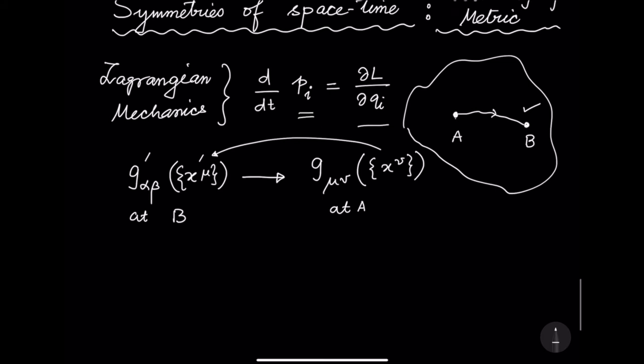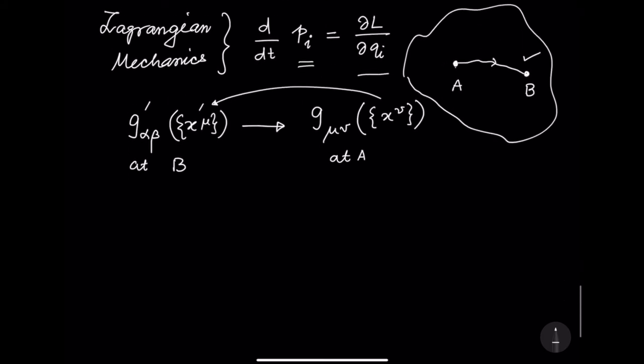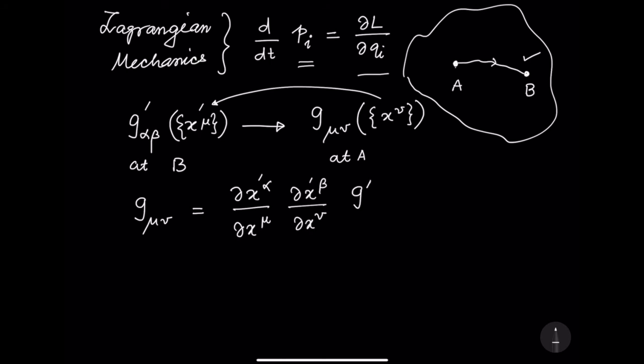The functions will change, and the functions will change in a very particular way. I'll be able to write down G mu nu as del x alpha prime del x mu, del x beta prime del x nu, G prime alpha beta.